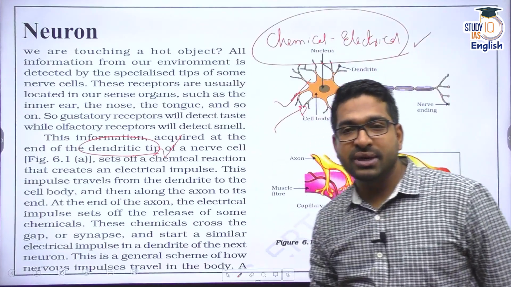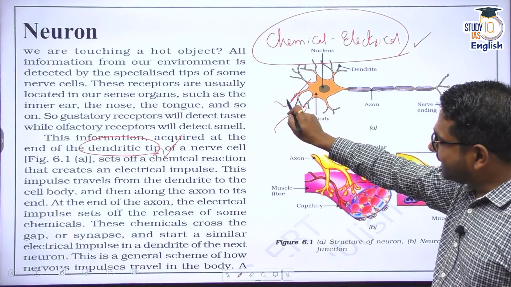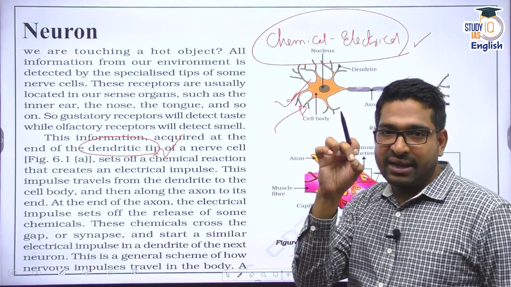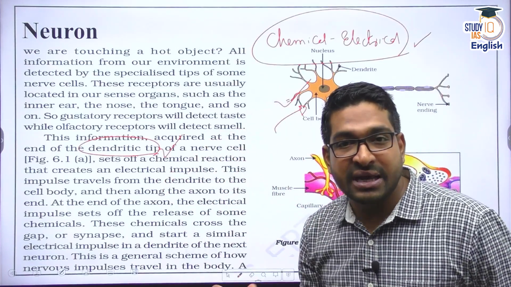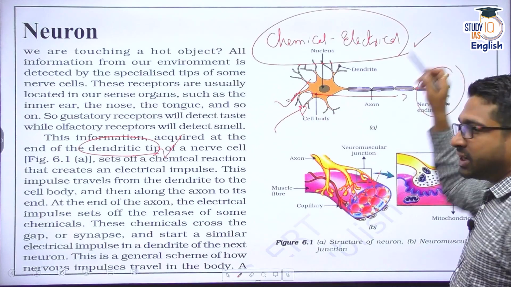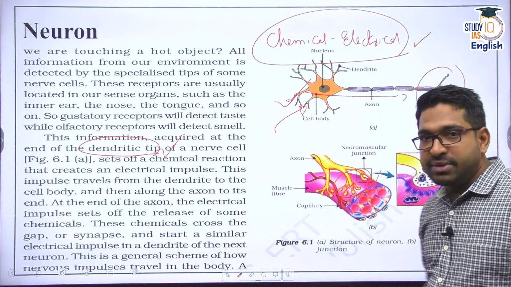That means as soon as the message comes, there is some sort of a chemical reaction near this dendrite. This chemical reaction changes that signal into an electrical impulse, and that electrical impulse passes through the axon body, reaches the nerve endings or the axon terminal, and this axon terminal is going to send a message.